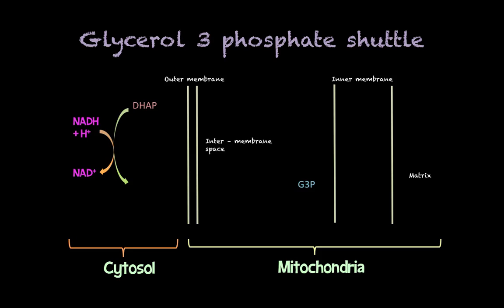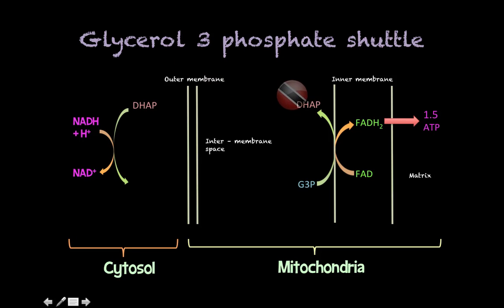There's an enzyme on the surface of the inner membrane of the mitochondria that reacts with glycerol 3-phosphate and FAD to give you back your DHAP, and one molecule of FADH2 is produced. Now that one molecule of FADH2, we know from before, will produce 1.5 ATP. The DHAP that is made in the mitochondria returns to the cytosol. So that's the glycerol 3-phosphate shuttle system.